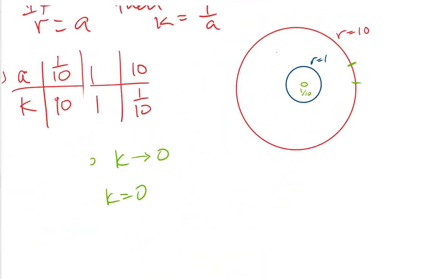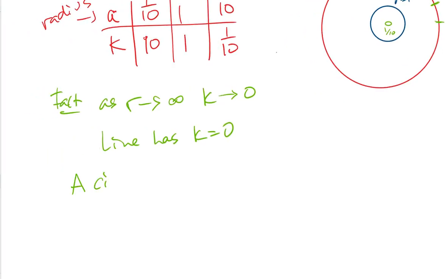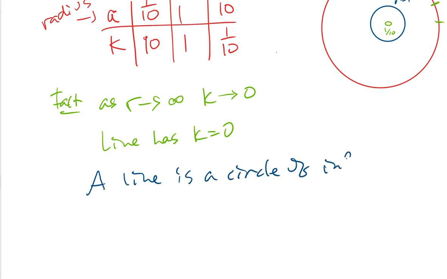So a line is a circle of infinite radius. Now I'm kind of playing around with the math here, but it's basically it.